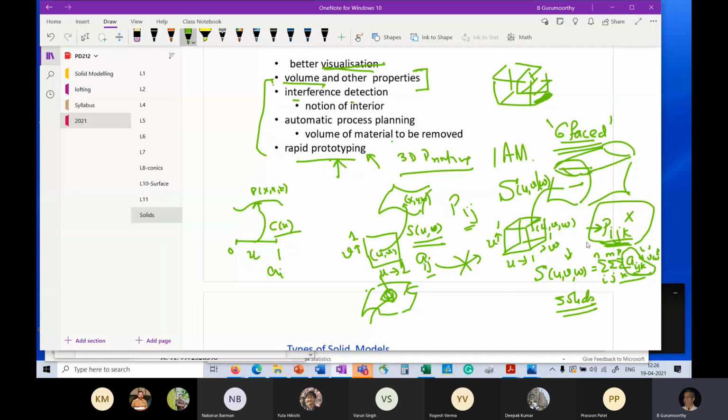Right? A, because it is not easy to define, and B, because we are always constrained to be having a six-faced object. And so it is that we will have a different type of representation scheme for solids as we go forward.